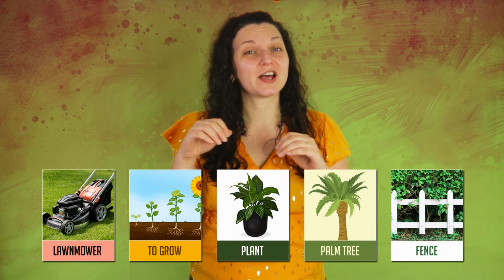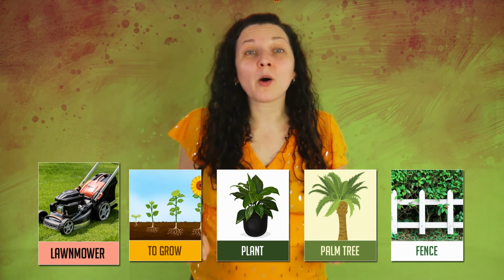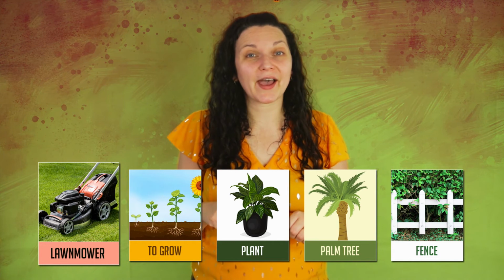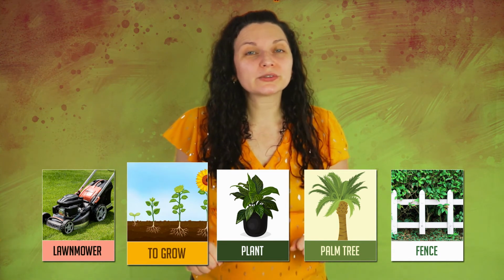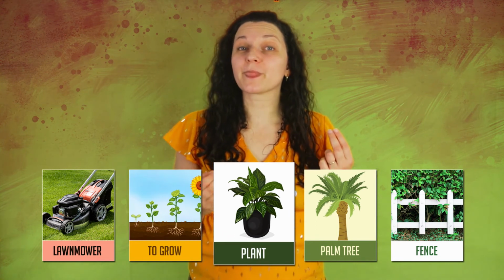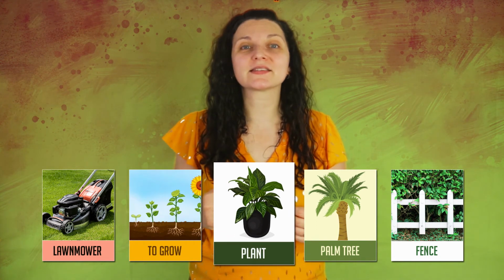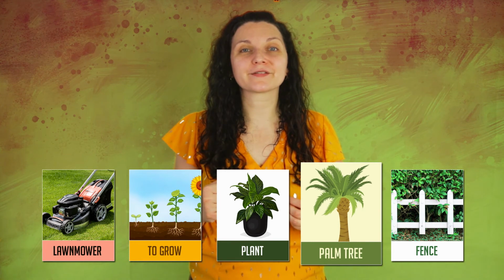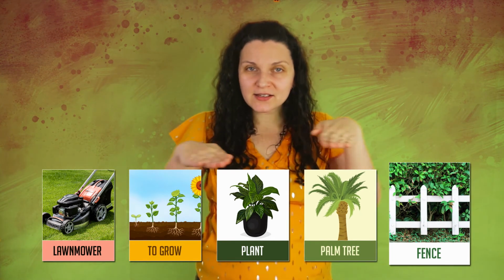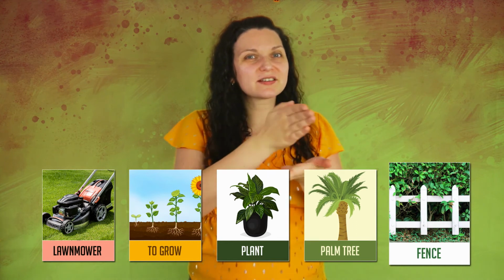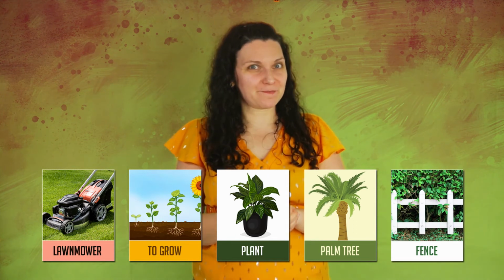So we have the lawnmower, to grow, a plant, a palm tree, and a fence. Okay? You ready?